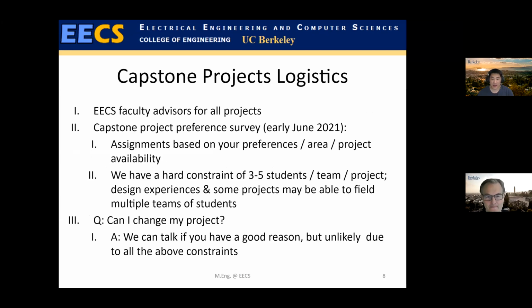I'll shed a little bit of light on how the EECS and MEng timeline runs project assignments and course enrollments, which is slightly different than the rest of the departments in MEng.